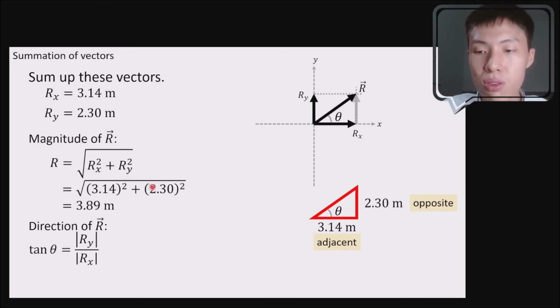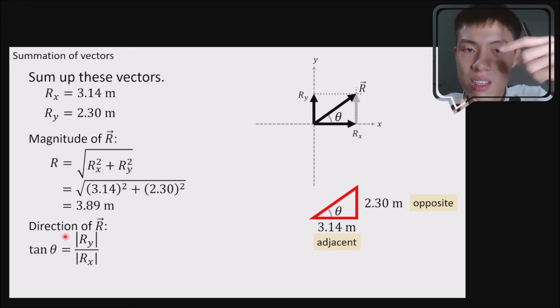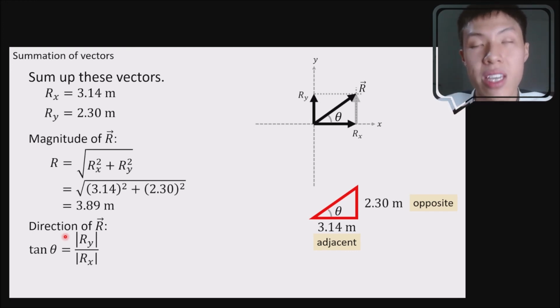Okay, if you have a negative value Ry or a negative value Rx, if we don't include the modulus sign, there's a possibility that the theta here will be a negative theta. Then in that case, it might be a bit confusing, because usually we express all our theta as a positive value. We just need the value of the theta. We don't need the positive angle or negative angle. We don't want to complicate ourselves with all that.